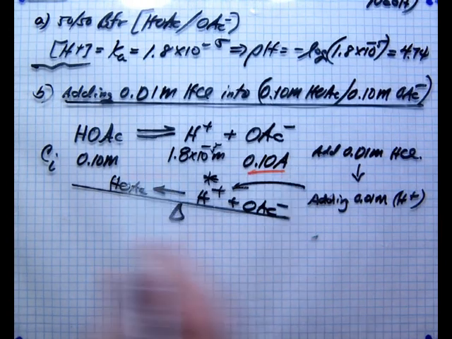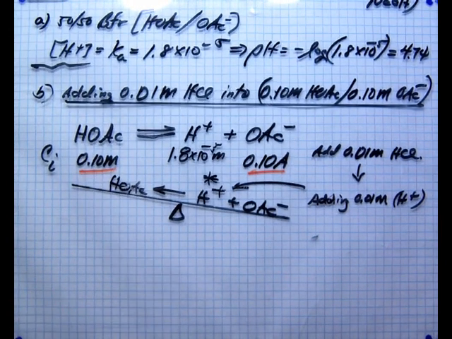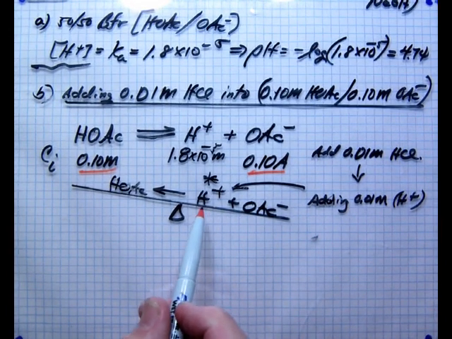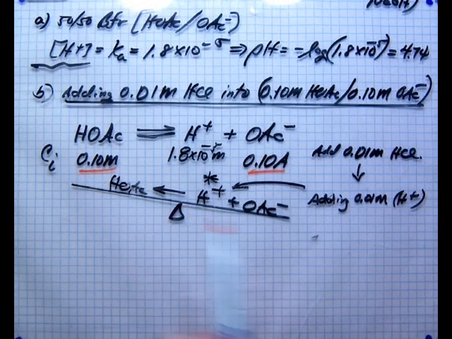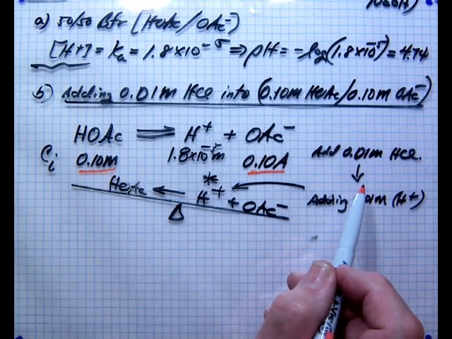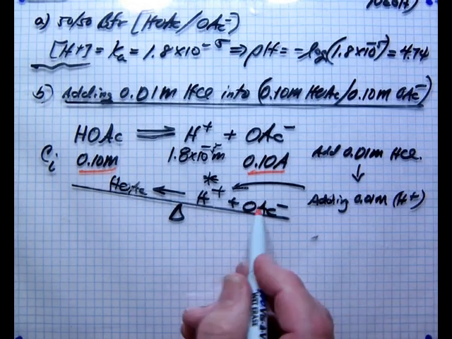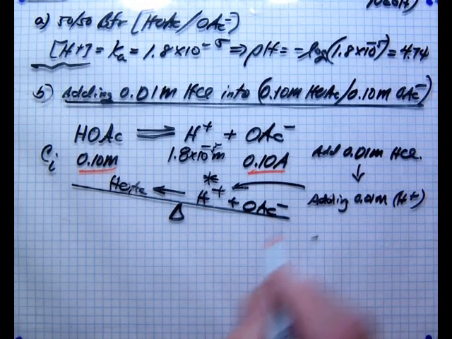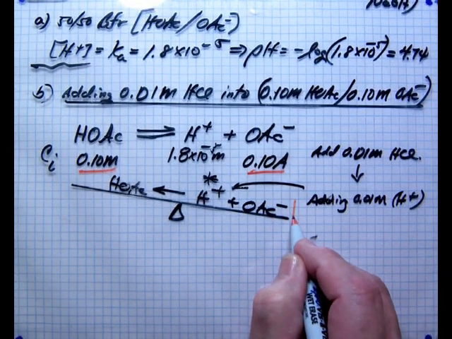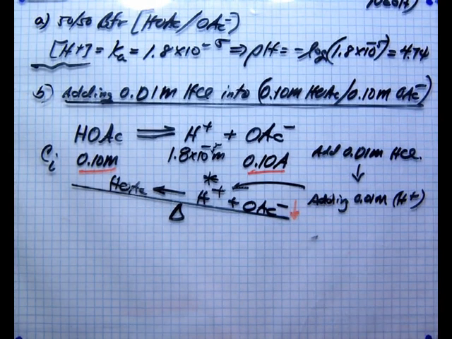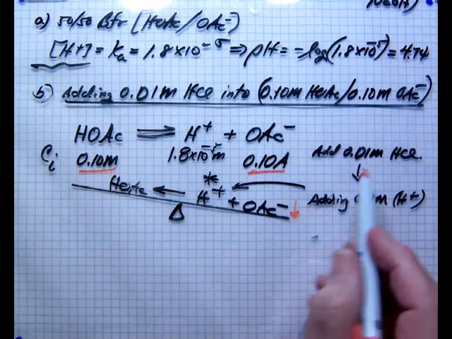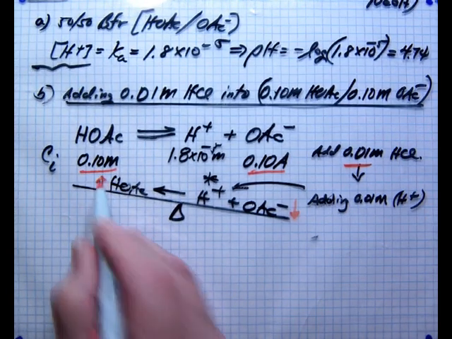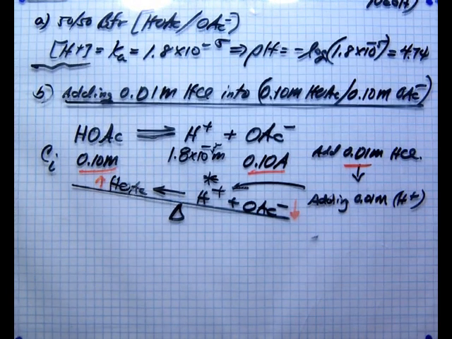You're starting with 0.1 molar, and you throw in this extra acid. The reaction will continue to shift to the left until all the excess acid is removed. The only way to do that is for the excess hydrogen to combine with the OAc-. As it combines, the OAc- concentration will go down by an amount equal to what you threw in, and the HOAc will go up by an amount equal to what you put in.